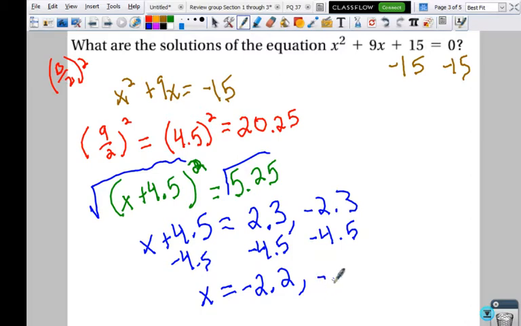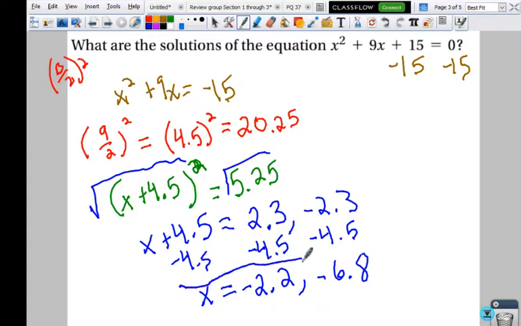How did you get 2.3? When you square root 5.25, I got 2.29, which rounds to 2.3. You don't have to round, you could have done 2.29, but Ivory asked if she could round it to 2.3 and I said sure. It's much easier.